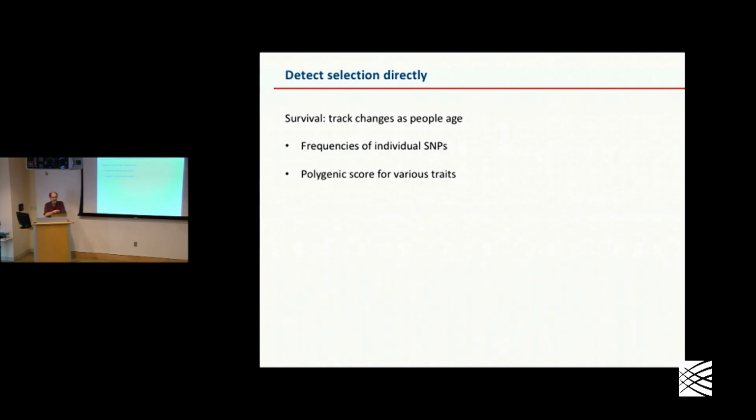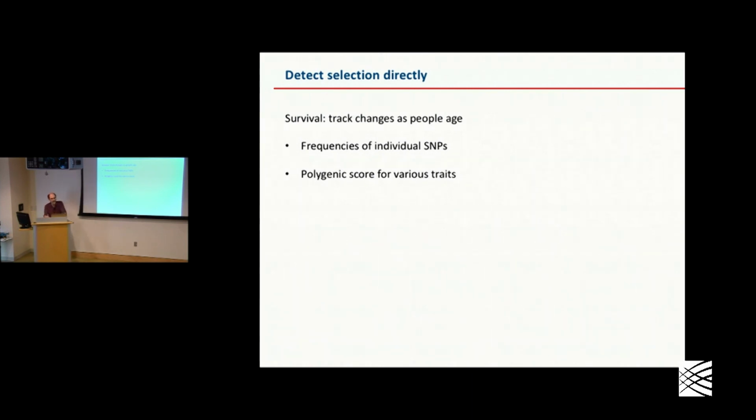Switching from watching selection directly in the ancient past, to looking at it in the present. It turns out we can also look at selection operating in the current generation directly, which is kind of cool that we can do this. Because now we have not only lots of genotypes and GWAS, we have detailed biobank information on medical information and various metadata on humans in the current population, as well as genetic data.